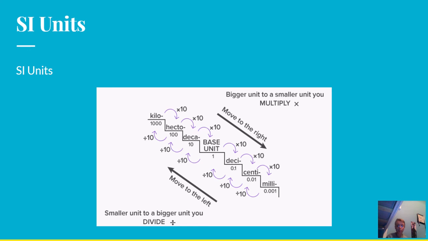So usually your base unit will not have a prefix to it. Base unit includes the meter. So the meter is 1. On our picture, you can see that moving to the right, you will move your decimal to the left. But as you go to the left, you move your decimal to the right, getting bigger. Because as you go to the left, it gets bigger. As you go to the right, it gets smaller.